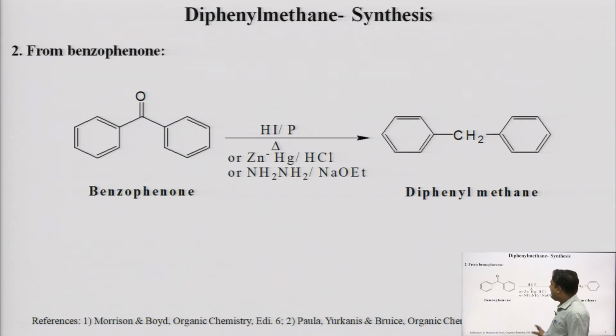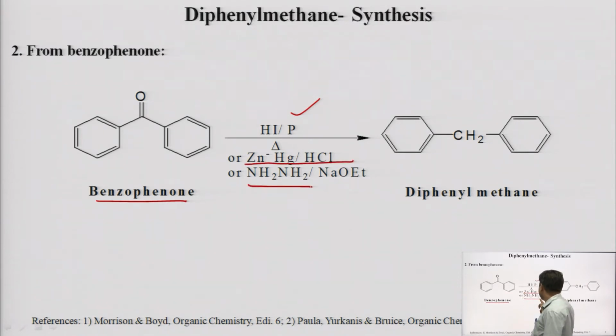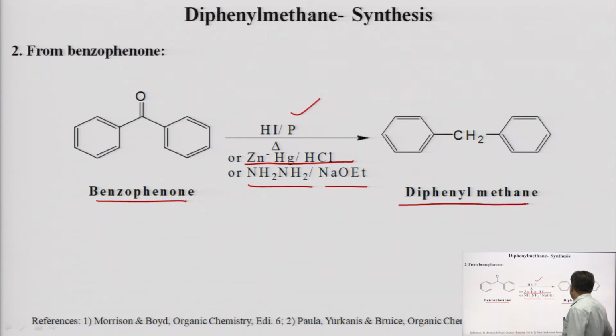Now, in the second method to get diphenylmethane, benzophenone is used. When it is reduced in the presence of hydrogen iodide and phosphorus, or with zinc amalgam and HCl, or when it reacts with hydrazine in the presence of sodium methoxide, we get diphenylmethane as a product.